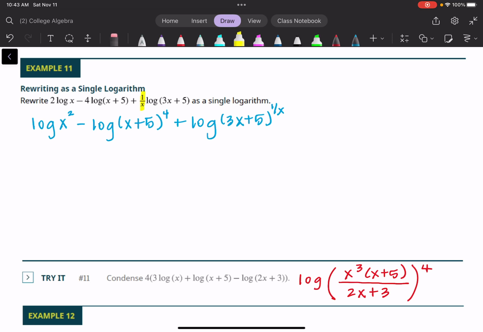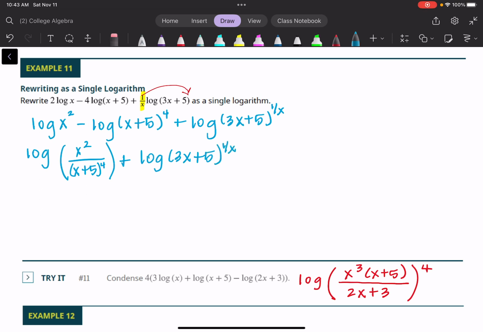This is multiplied out front, so it can, just like everything else, be applied as an exponent here. And so now let's do the quotient rule. So this would be log of x squared divided by x plus 5 to the 4th plus the log of 3x plus 5 to the 1 over x power.